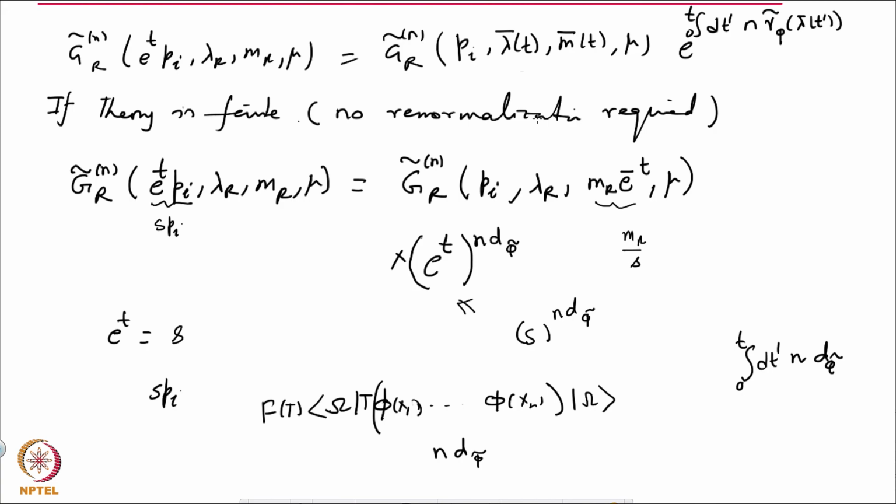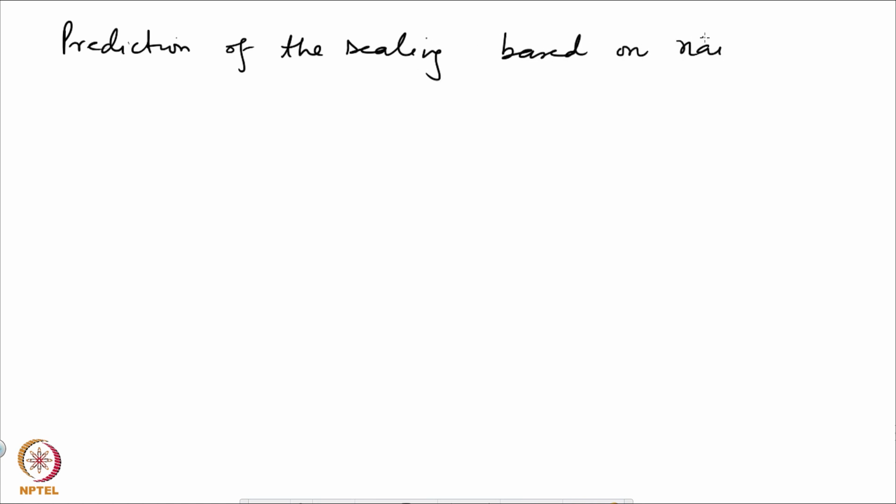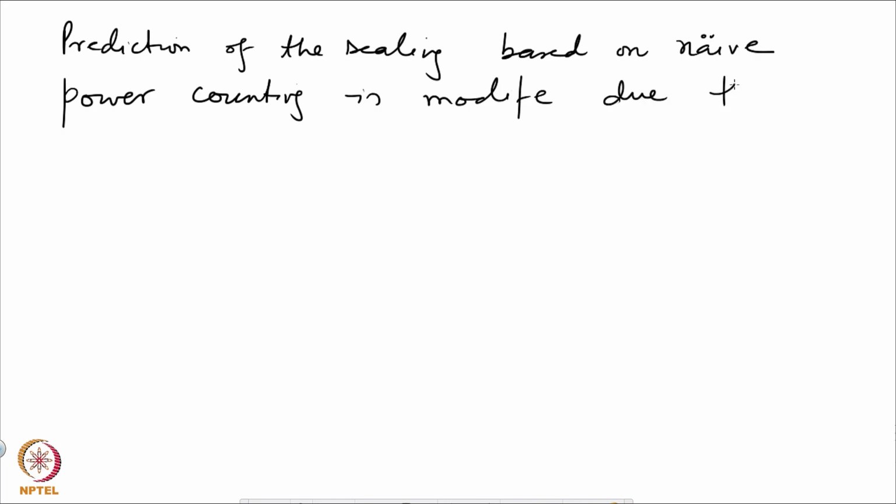Okay, so let me just write it in words. So the prediction of the scaling based on naive power counting is modified due to the renormalization effects.